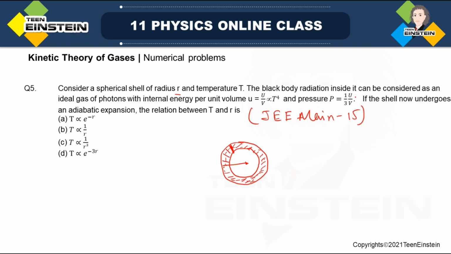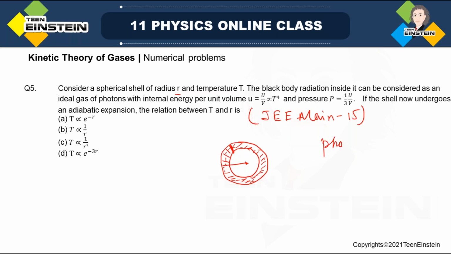And there is black body radiation inside this cell. You have a first container and a second container, and the space in between is the spherical cell. In that empty space, suppose you have black body radiation in terms of photons.